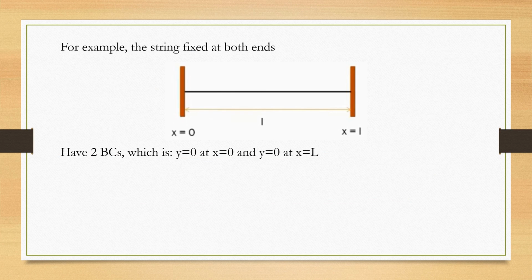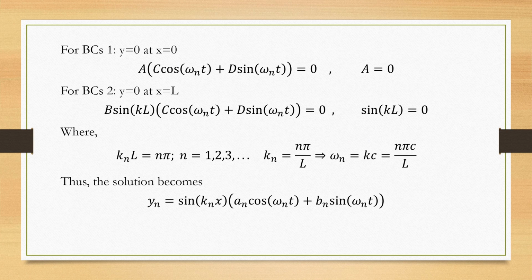Let's see the example. The string is fixed at both ends. Then the boundary conditions are y equal to 0 at x equal to 0, and y equal to 0 at x equal to L. For the first boundary condition, y equal to 0 at x equal to 0, we substitute the boundary condition in the general solution, so we get the solution.